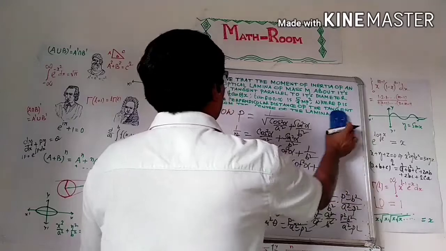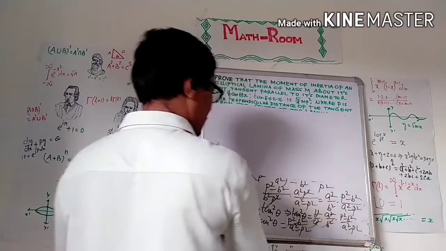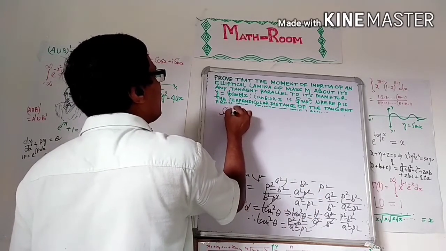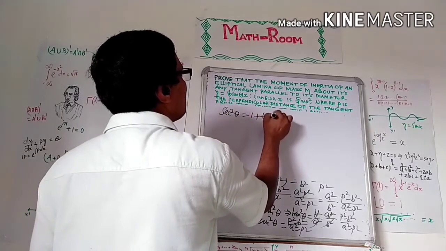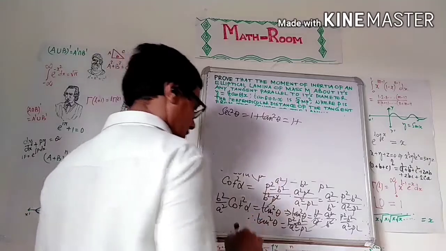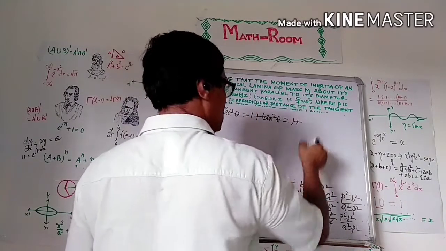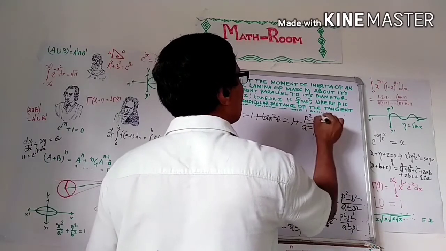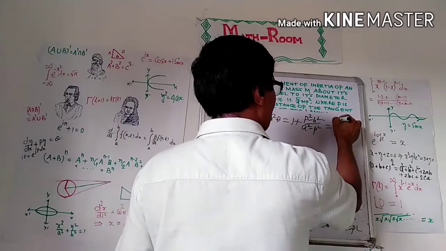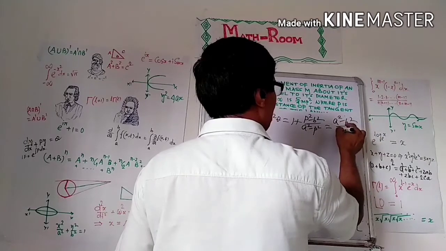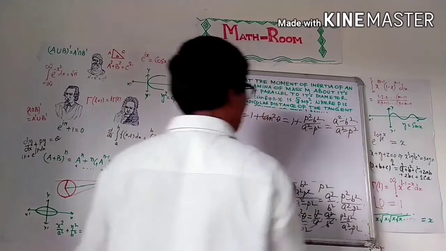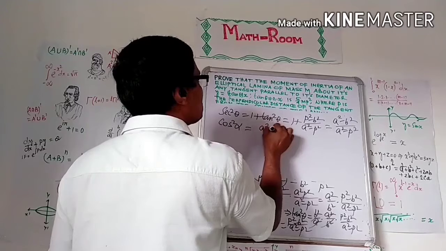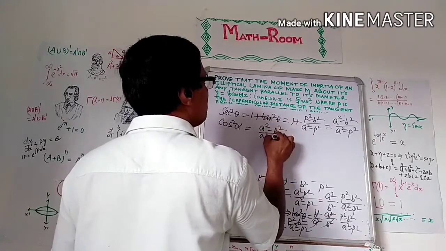Now we can write sec square theta equal to 1 plus tan square theta, and putting in the value of tan square theta, this equals a square minus b square over a square minus p square.